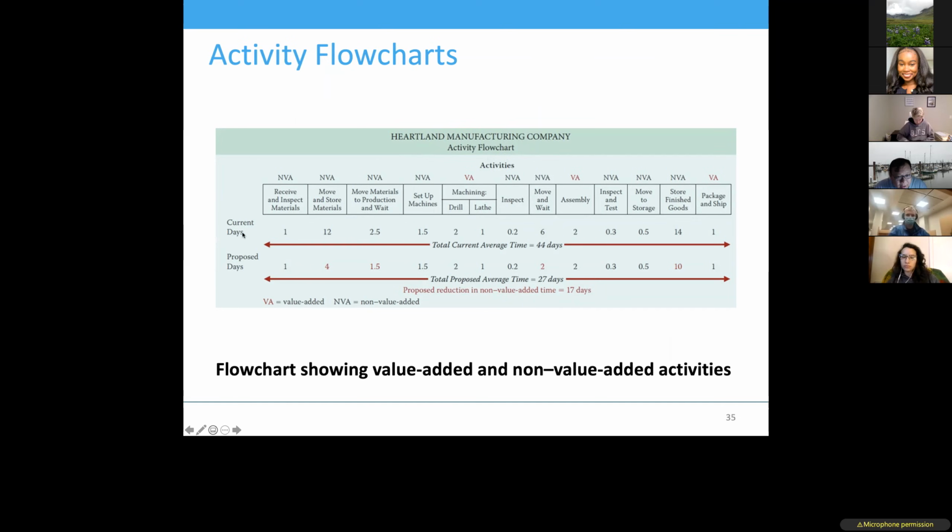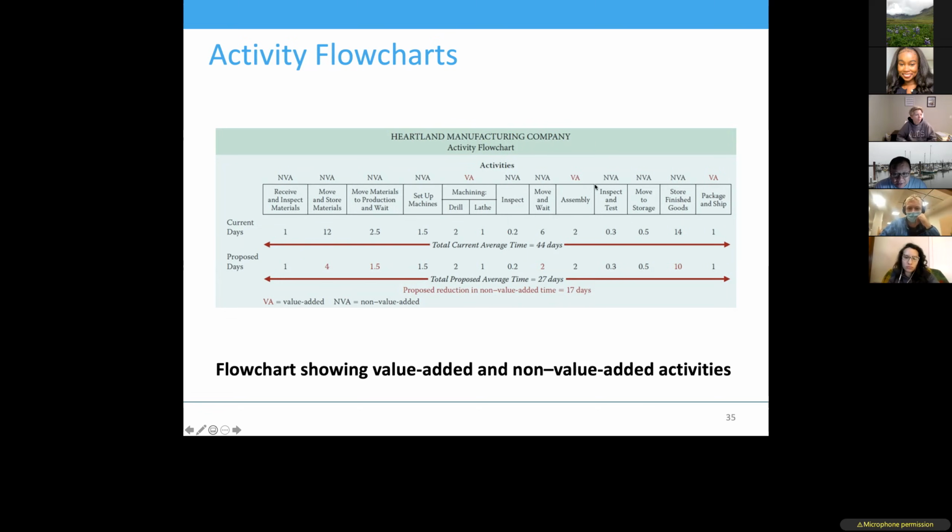You can see from left to right, they started with receiving materials and moving them around. Then they go for production, and set up the machine for machining, working on the materials. There are some inspections to make sure everything is appropriate, and they move and wait.